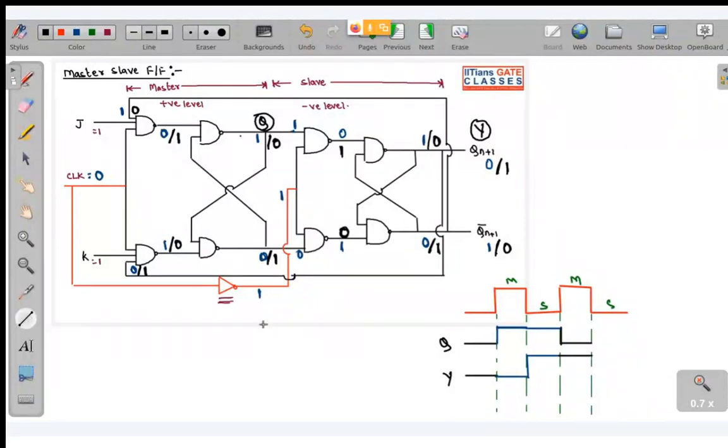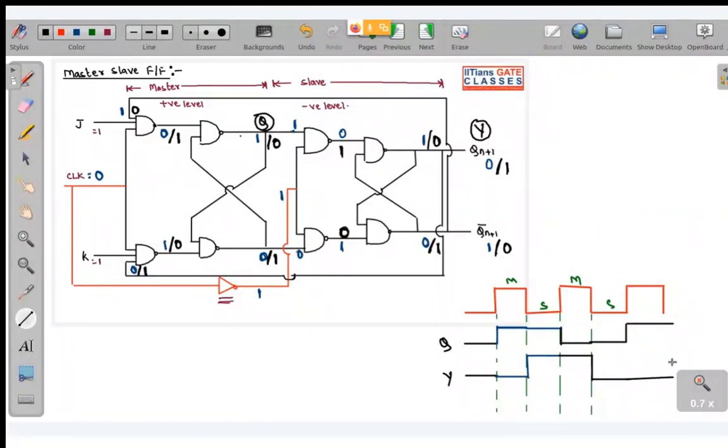So once again you can see this y will transition from 1 to 0 and this will continue to be in 0. And once again when we have one more clock over here, so let me draw that also. So you can see this will keep on going like this.